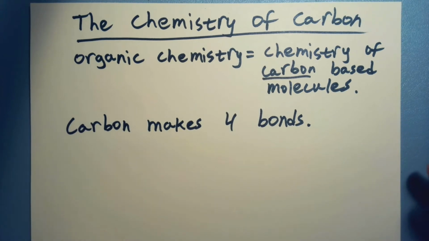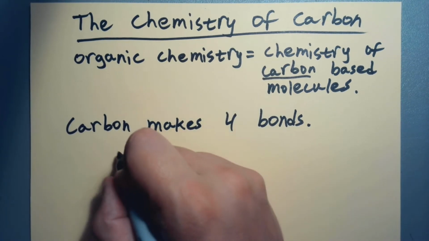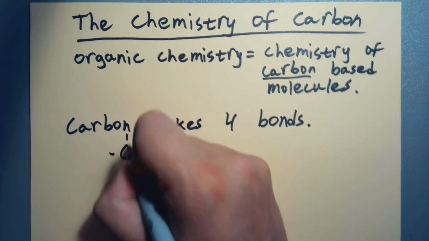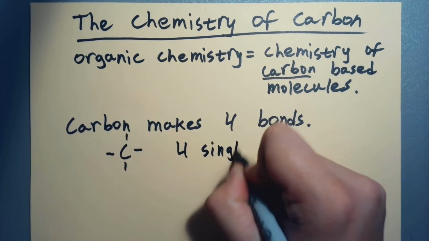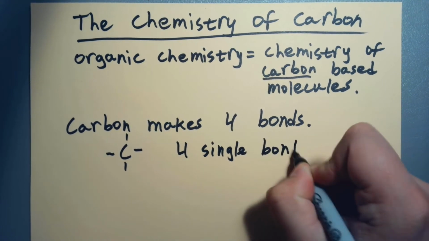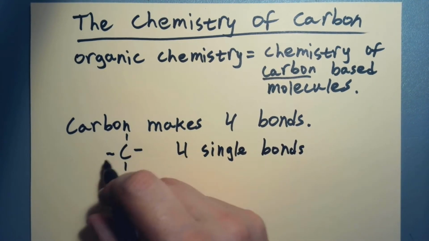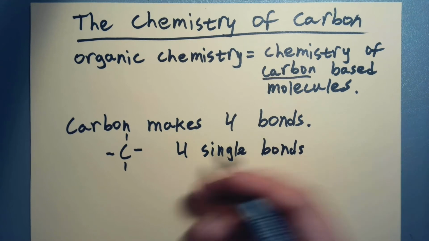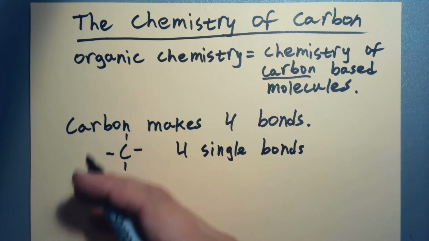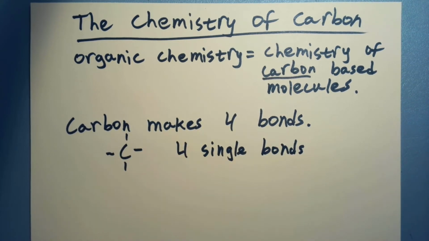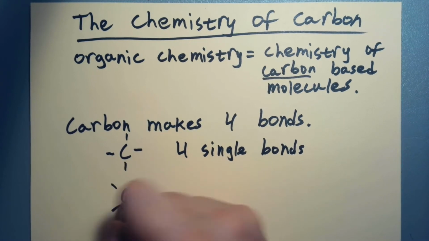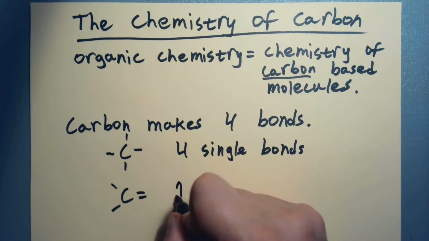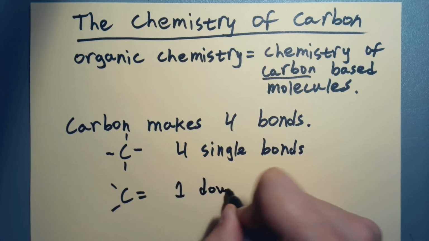And so you can get a couple things that can happen with carbon right off the bat. You can get 4 single bonds on a carbon. I'm just drawing the bonds, I'm not saying where they go to. I'm just drawing rough bonds. Maybe they're hydrogens or other carbons, or who knows. You can get a double bond with 2 single bonds.